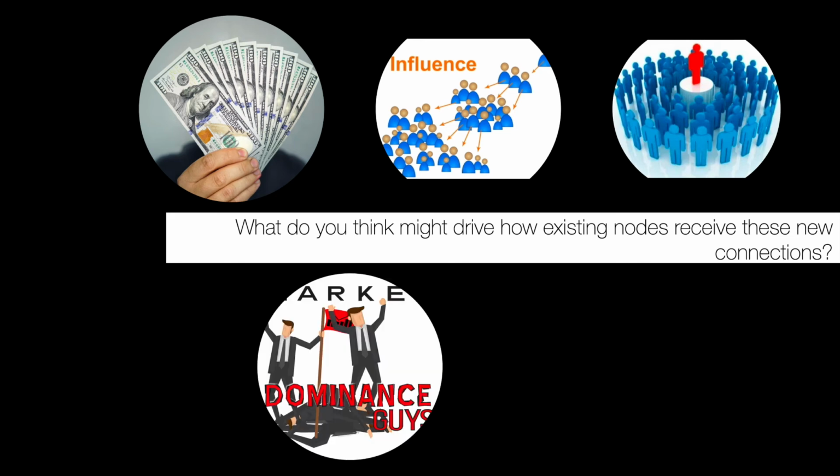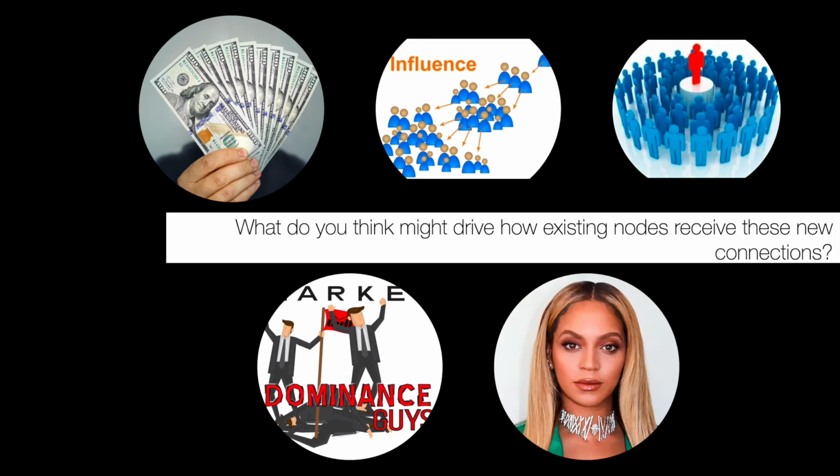Or maybe there's some dominance built into the network where you have some small set of nodes who are dominant, and they are collecting most of the behavior, like Google getting most of the ad revenue, for example, or you have some celebrity, which may be some combination of all of these things.